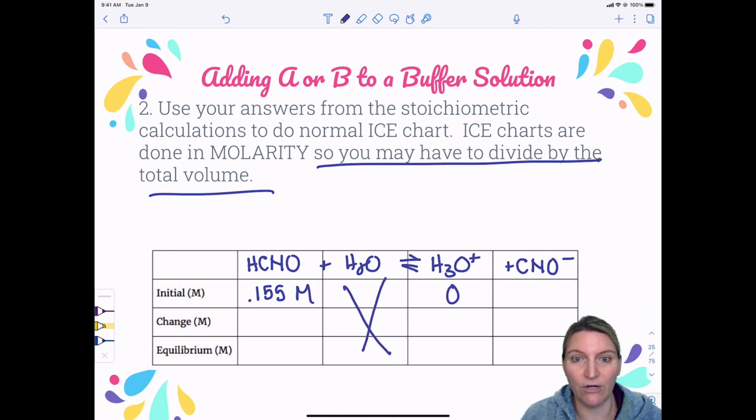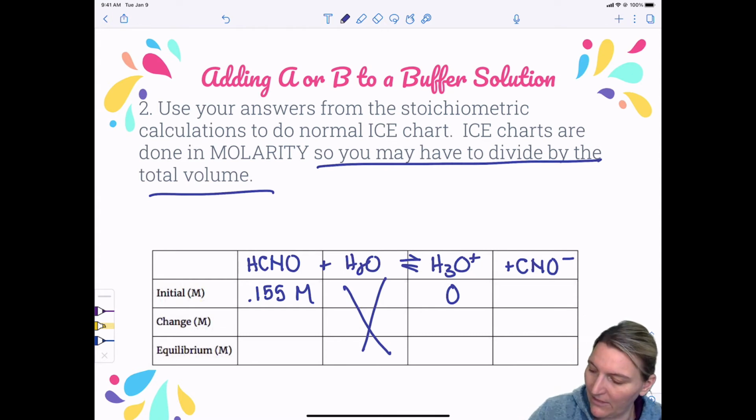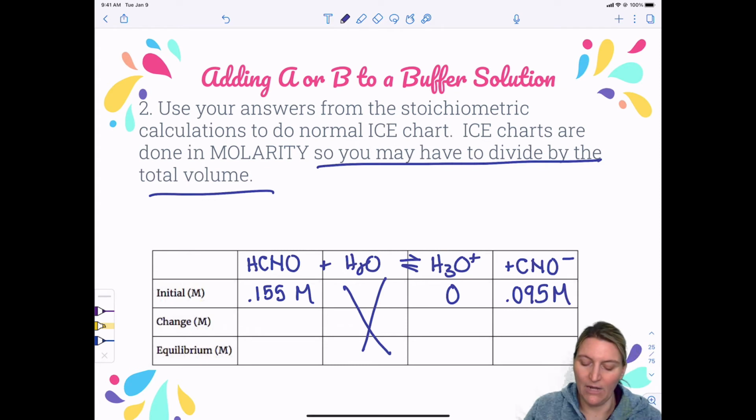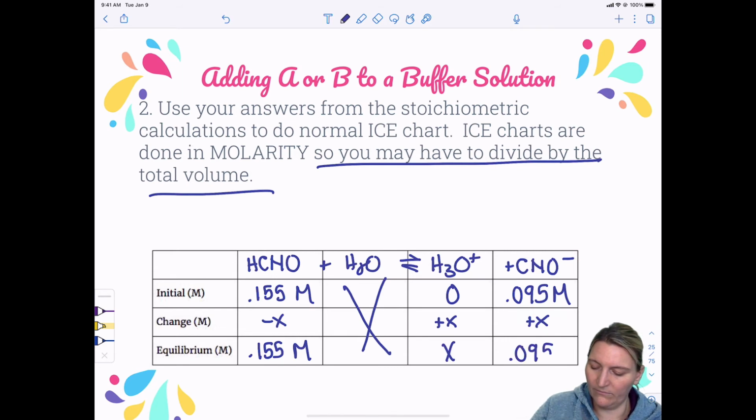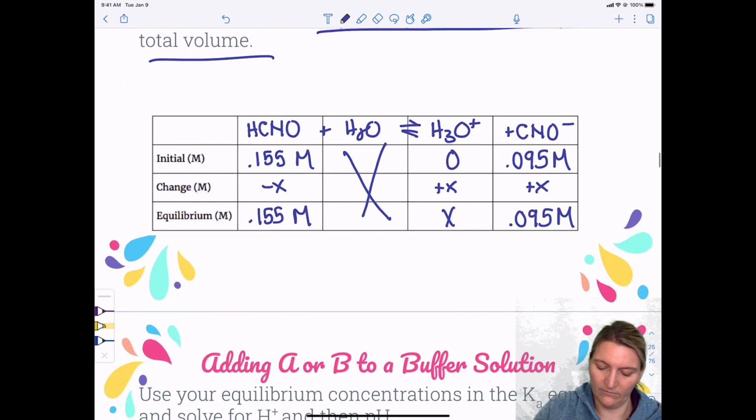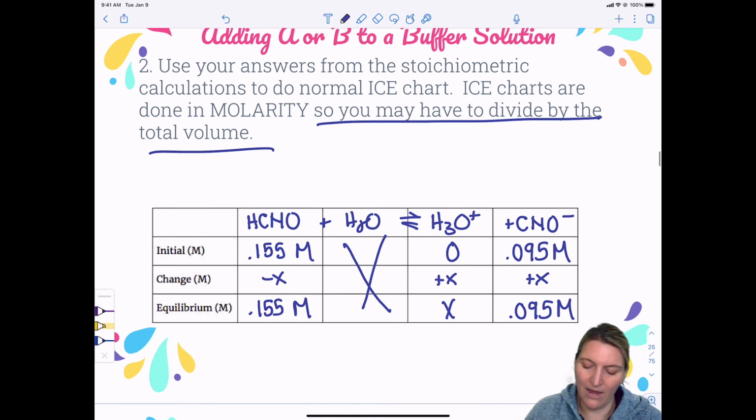So now we're starting with 0 H3O plus, and this is 0.095 molarity. And weak acids, we know that it is negligibly going to actually dissociate. 0.155. And then what we need to do here is find the pH of this system.